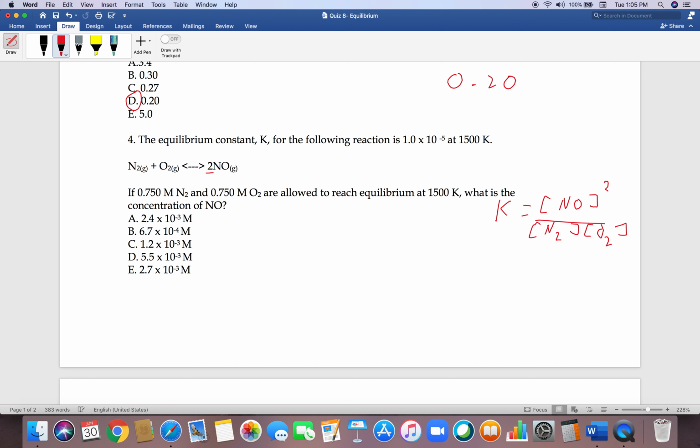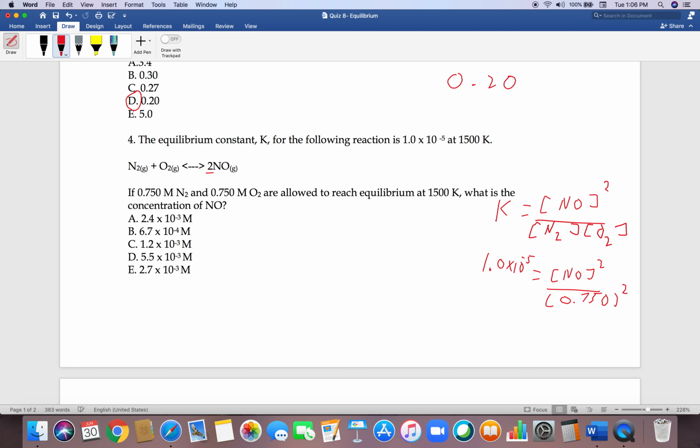Now, another neat thing to notice here is that the concentrations of nitrogen gas and oxygen gas are the same. So I could rewrite this, if I want to include the numbers, as the K value, 1.0 times 10 to the negative fifth, equals the concentration of NO squared divided by 0.750 squared.